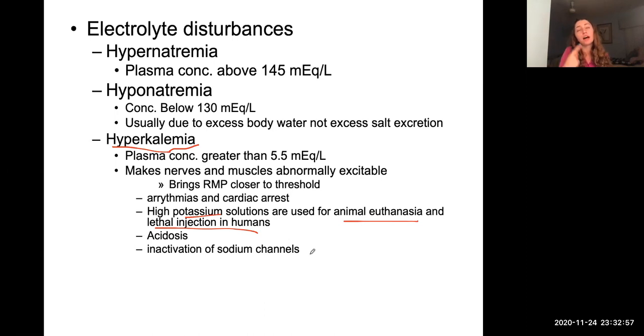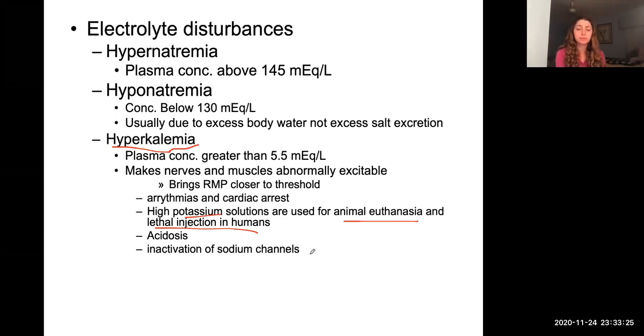If the gradient's all messed up, then it could be harder to get to threshold, or closer to threshold, because potassium makes the cell more positive or something like that. I don't really remember, but you don't need to know that necessarily.